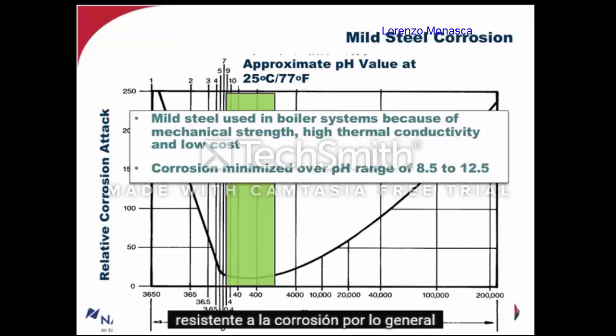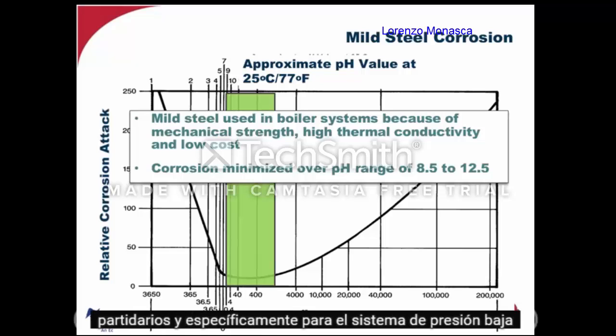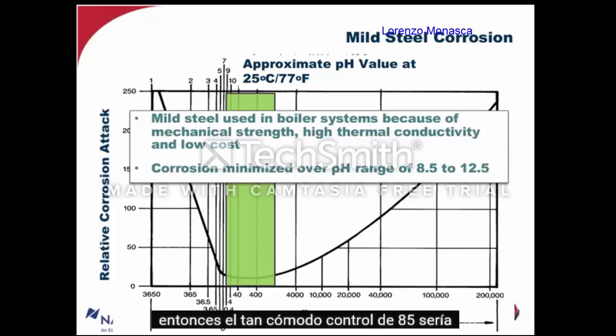So usually the green, we control within the range of say 8.5 to 12.5 as I have on the screen there. And that's that green range that I have colored in. Now that would be for all sorts of boilers, and specifically for the lower pressure systems, less than 300 psi, we tend to maintain a pH a little higher than the 8.5.